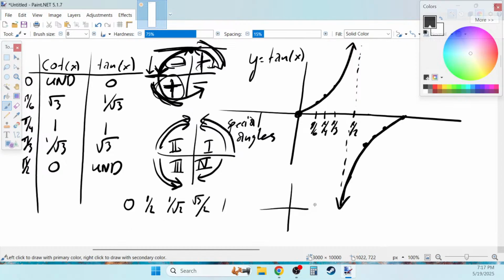So going around the circle is going to be, for sine, 0, 1/2, 1 over square root 2, square root 3 over 2, 1, square root 3 over 2, 1 over square root 2, 1/2, 0. That gets us quadrant 1 and quadrant 2.